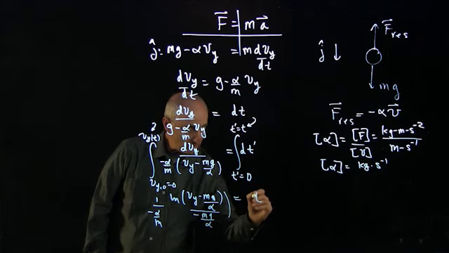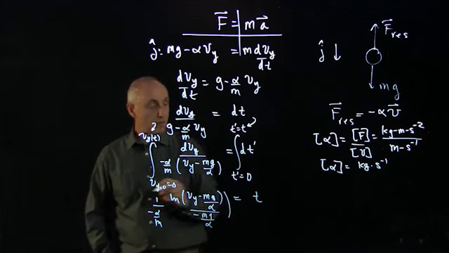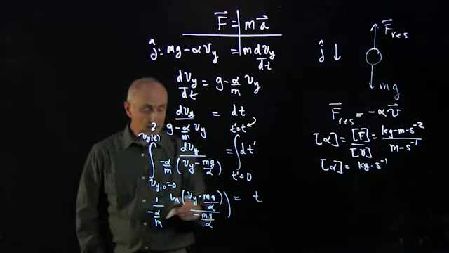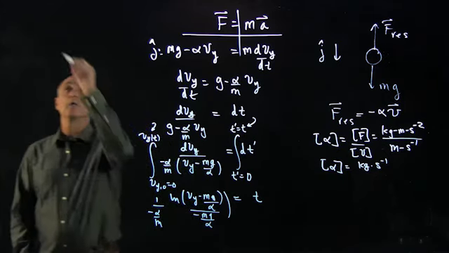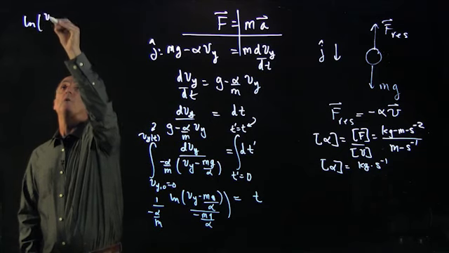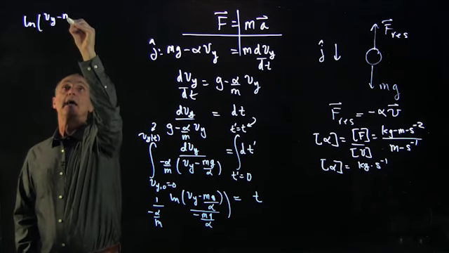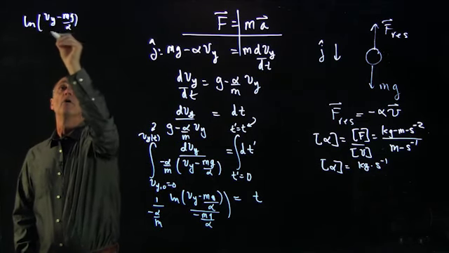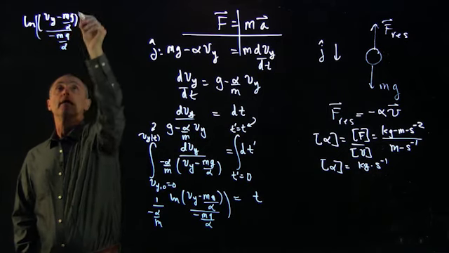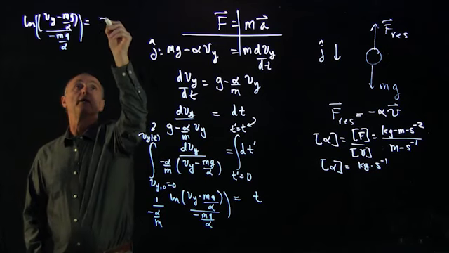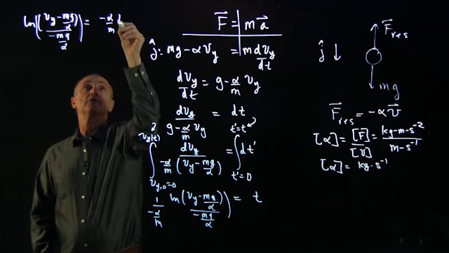And this side is very simply t. Now, we can rewrite this equation by bringing the m over alpha to the other side. And we have log of vy minus mg over alpha, over minus mg over alpha, equals minus alpha over m times t.